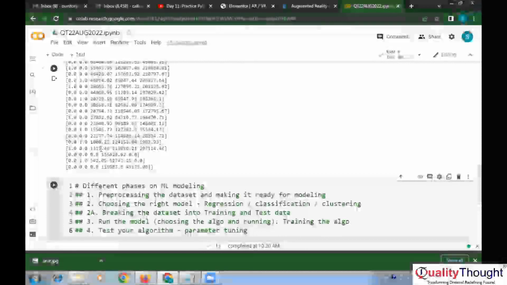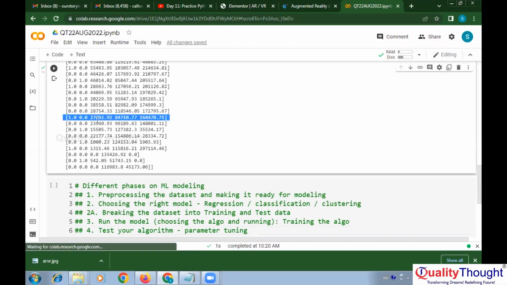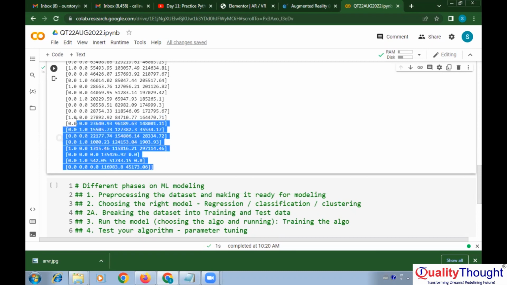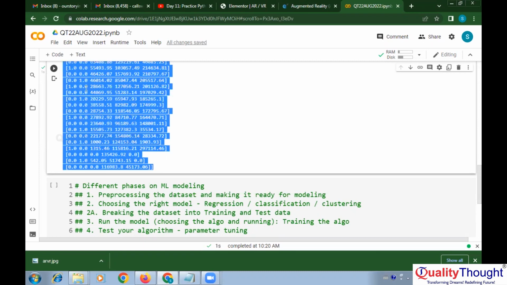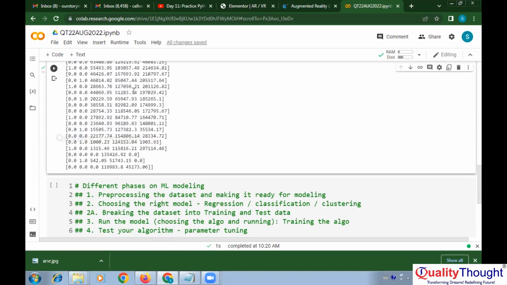Now if you see all this data, we have Y and we have X, correct? So we have the answer. You are training the model, and you hide some rows from it and you pass the others for training.